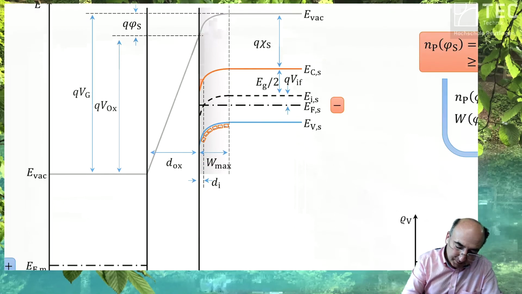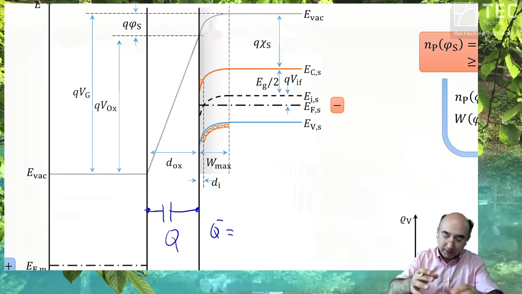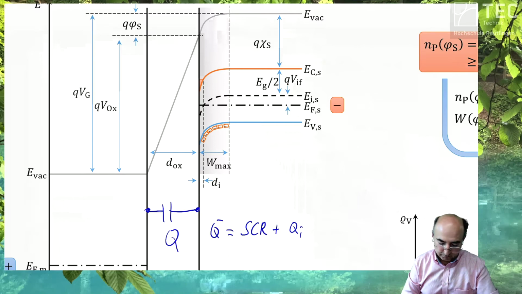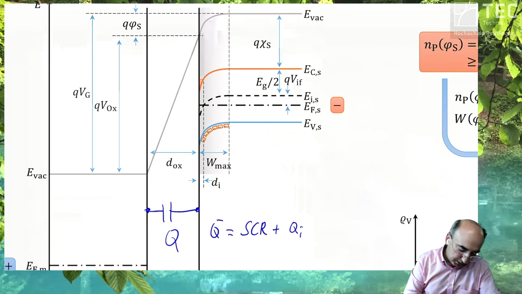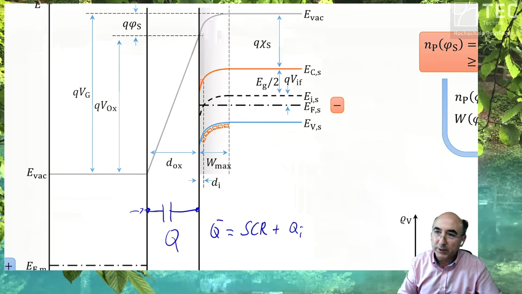We charge up this capacitor. This charge is the sum of the charge of the space charge region and the inversion charge. And the other is from the metal. The metal says you get what you need.